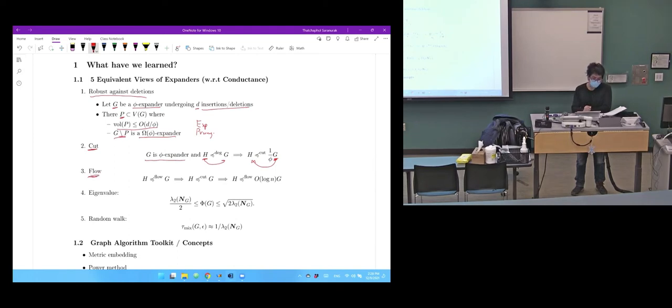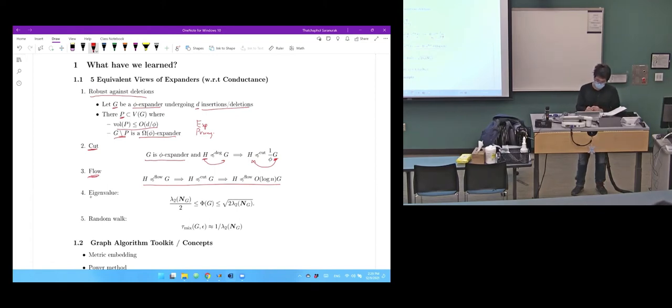And you have seen the flow view too: cut and flow are basically the same up to log n, which means the expander is also the most well-connected graph in the flow view among all graphs that have the same degree profile.